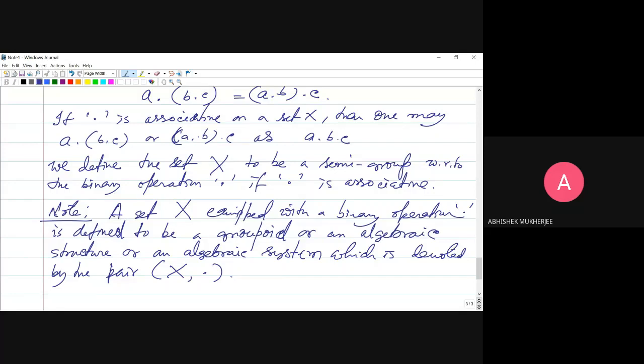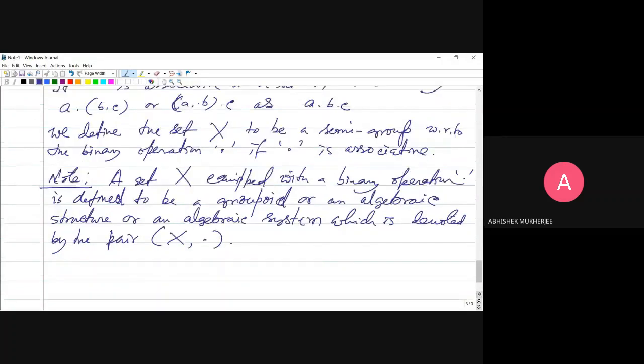So let us have a look at some examples of semigroups.